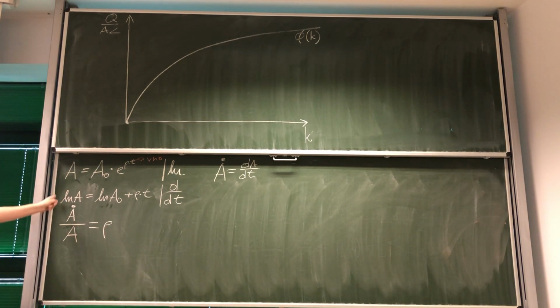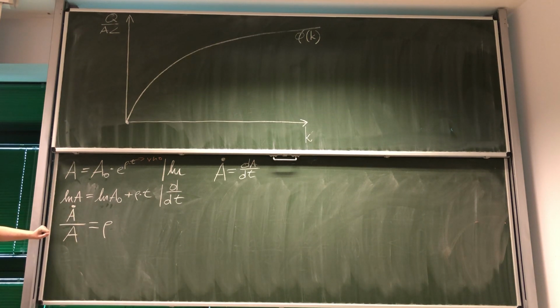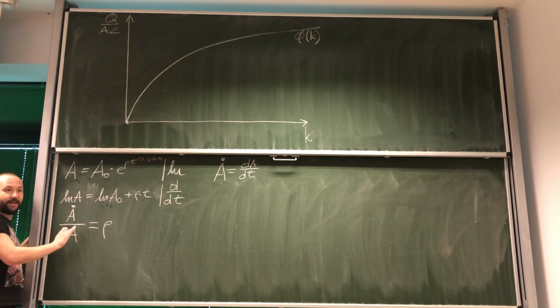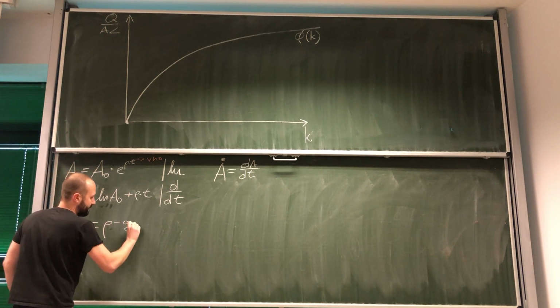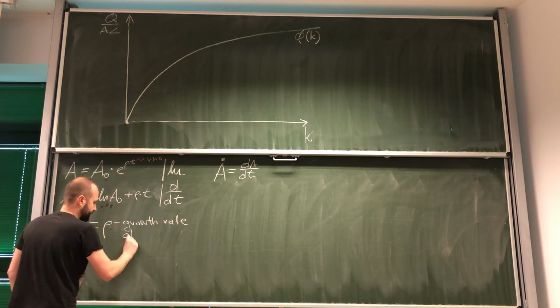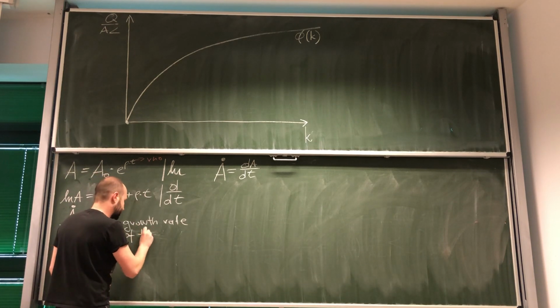So what have we obtained over here? Well, this is telling us how technology is growing over time, because here we have the first derivative of A divided by A, so this is the percentage change. This is the growth rate of technology, of the state of technology.